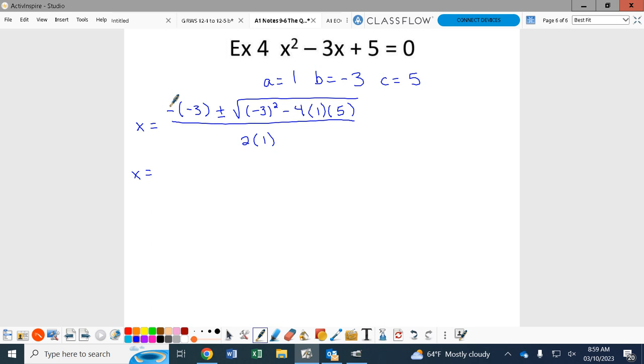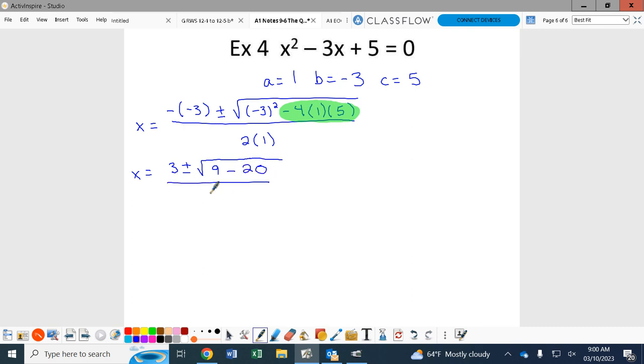The opposite of -3 is going to be 3 plus or minus the square root of, guys, what's -3 times -3? 9. And then multiply on your calculator this part. Use your calculator, guys. Don't get the arithmetic wrong. Do -4 times 1 times 5. -20.